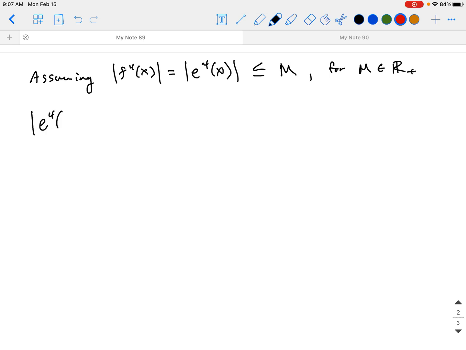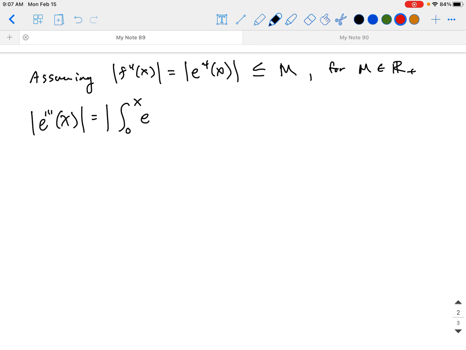We want to bound e, but we're going to start with the fourth derivative of e. This could be rewritten as something convenient. Oh, sorry, not the fourth derivative. The third derivative.